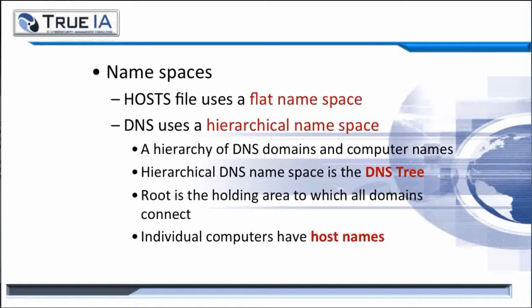Whereas with the host file, we used a flat namespace, DNS uses a hierarchical namespace, a hierarchy of DNS domains and computer names, if you will. The hierarchical DNS namespace is called the DNS tree. Root is the holding area for which all domains connect. Individual computers have host names under the hierarchical order.